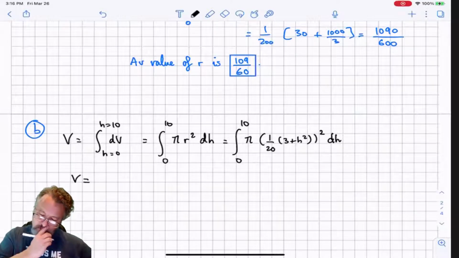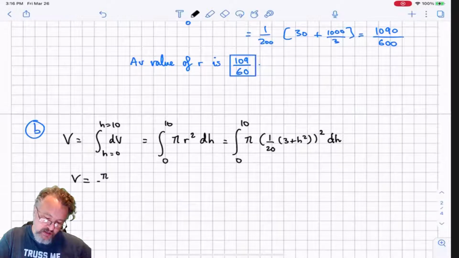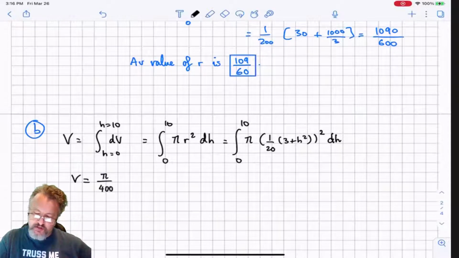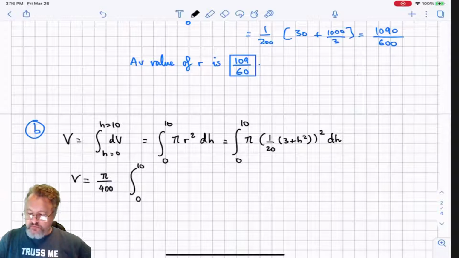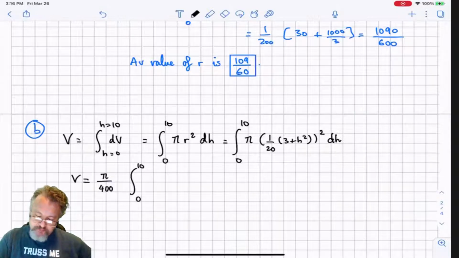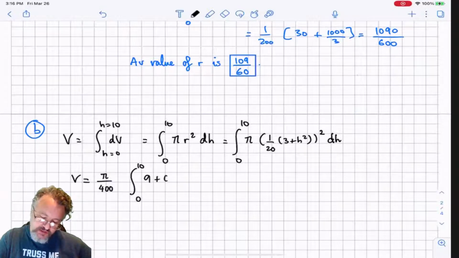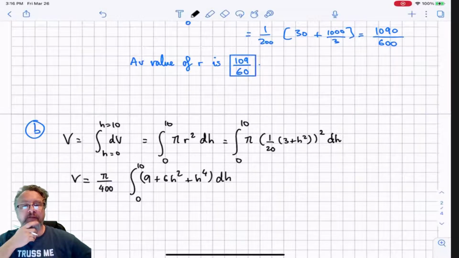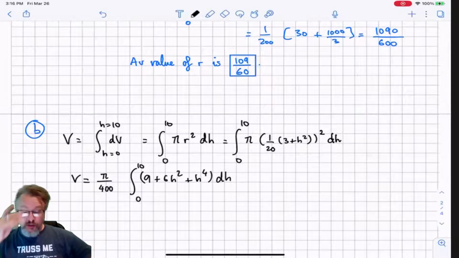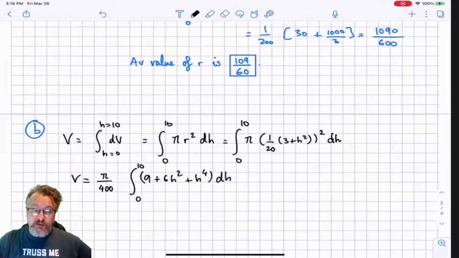So we're going to take the pi outside. So it's going to be pi. The 1 over 20 squared will be a 400 in the denominator. And so this is going to be (3 plus h squared) squared, so 9 plus 6h squared plus h to the 4th, dH. Okay? So there is no shortcut right here.